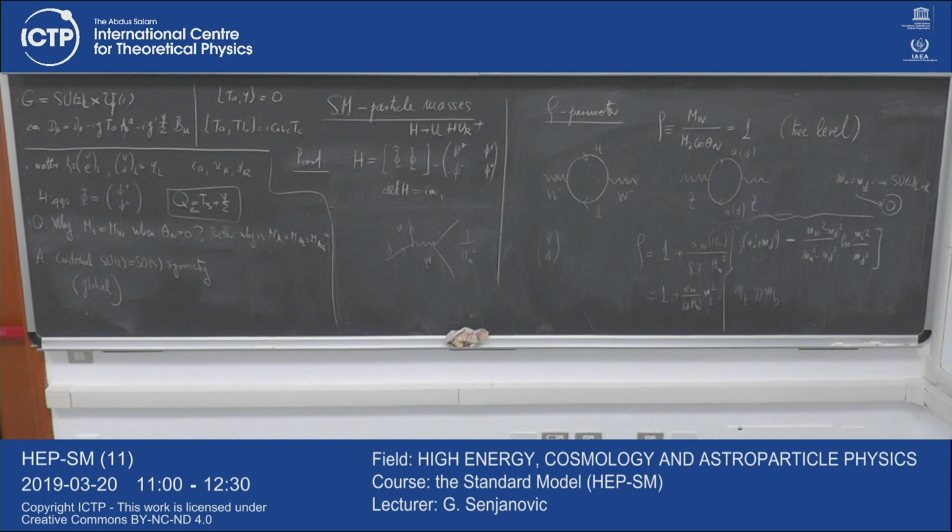We break it down, and then it leaves 3 massive bosons. There were 3 massive gauge bosons anyway without that extra symmetry, it's just that the masses are the same. Right. Sorry. We gauge one of the SU(2)s, but the other one we didn't gauge. We left it as a global symmetry, right?